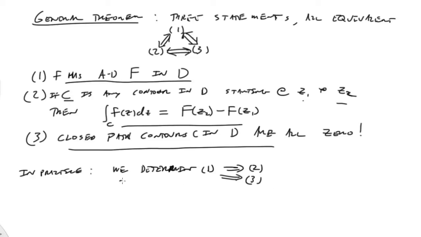Okay, so really it reduces to just determining 1. We want to discover we can find an antiderivative in D. And if we can, then we get 2 and 3 for free, which is, of course, a very powerful theorem. So the usual direction of implication goes from 1 to 2 and 3, and not the other way around. Okay, so let's now talk about another result.